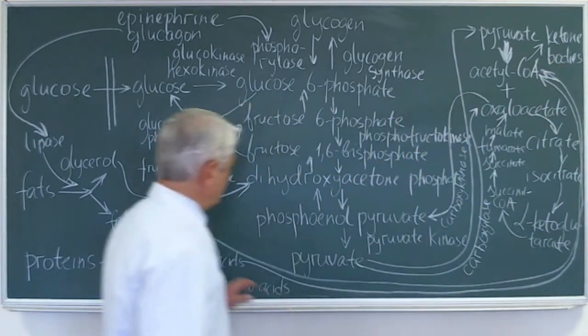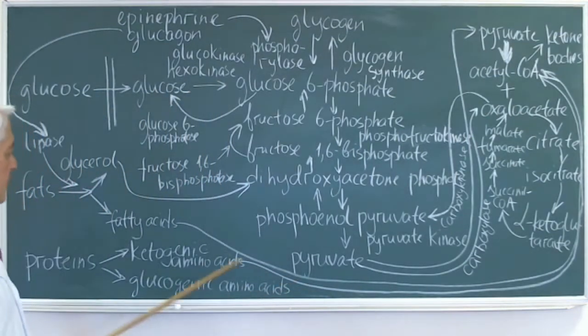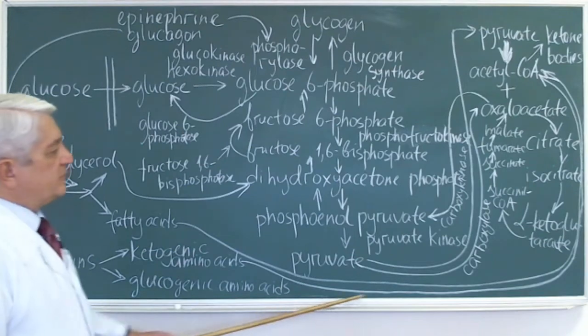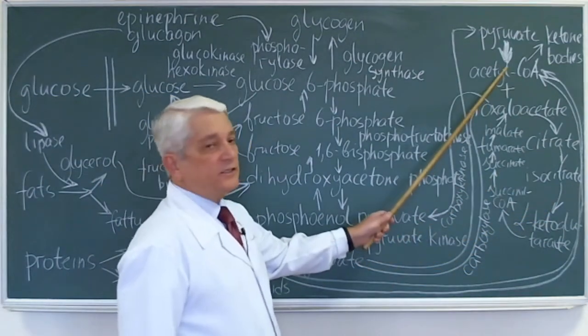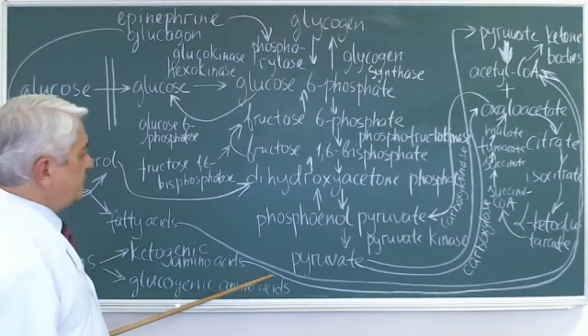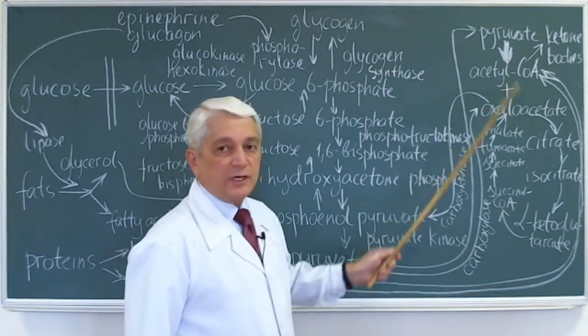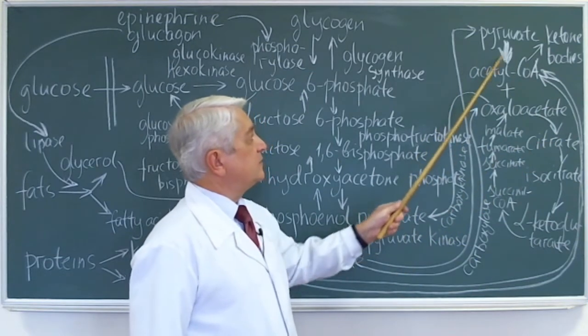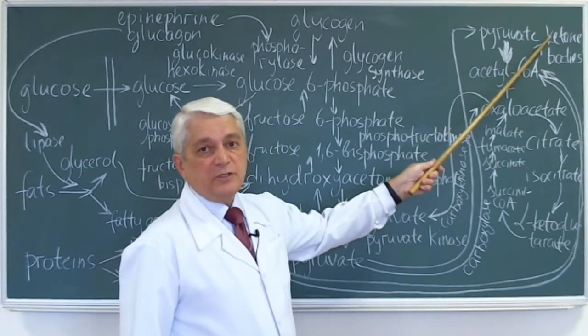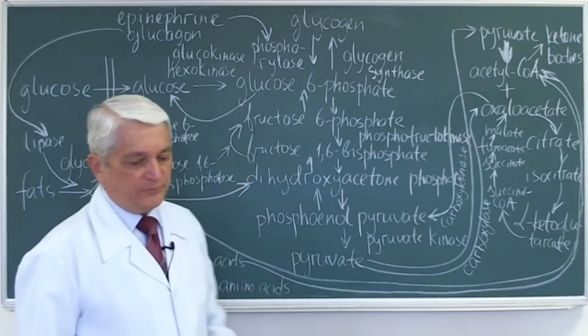Look, these two arrows are parallel one to another. Fatty acids are producing acetylcoenzyme A, and ketogenic amino acids are also producing acetylcoenzyme A. So after acetylcoenzyme A, they can be transformed to ketone bodies, and so we call them ketogenic.